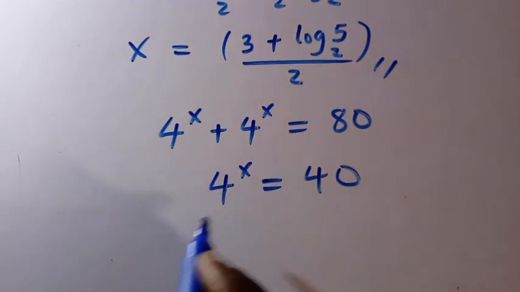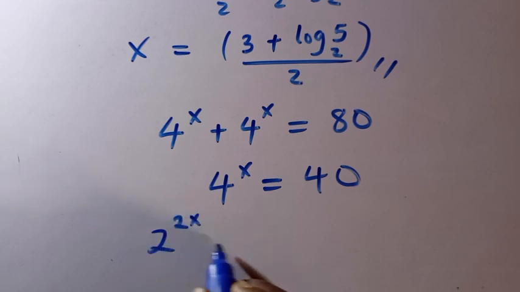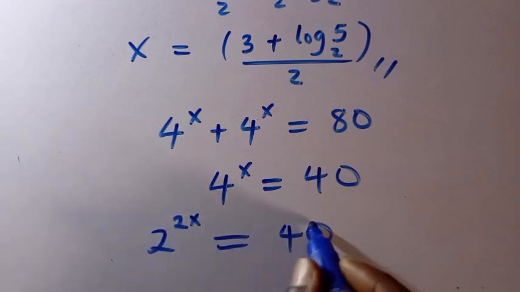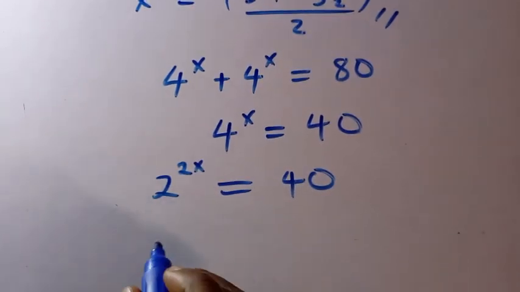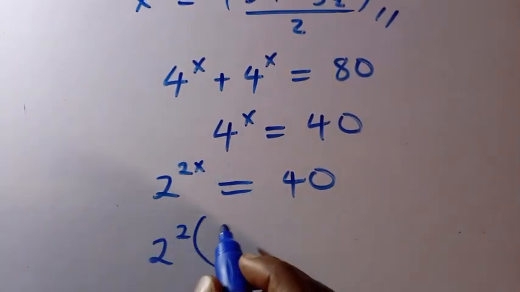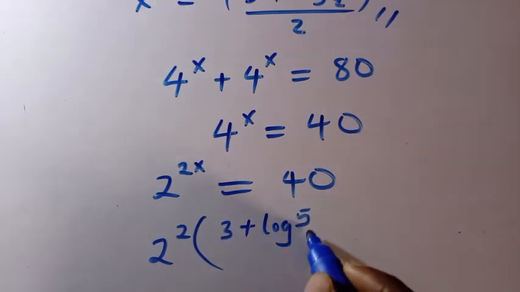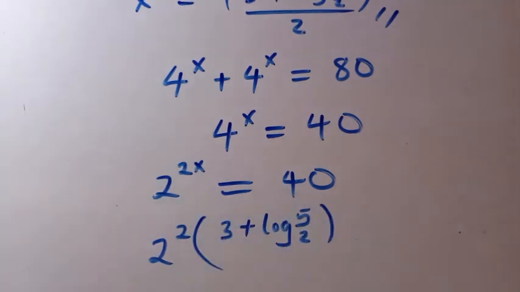Then by replacing this one, we have this as 2 raised to power 2x. So this also equals 40. And here we have 2 raised to power 2 into bracket x. When we substitute the value of x, we have 3 plus log 5 base 2, all divided by 2.